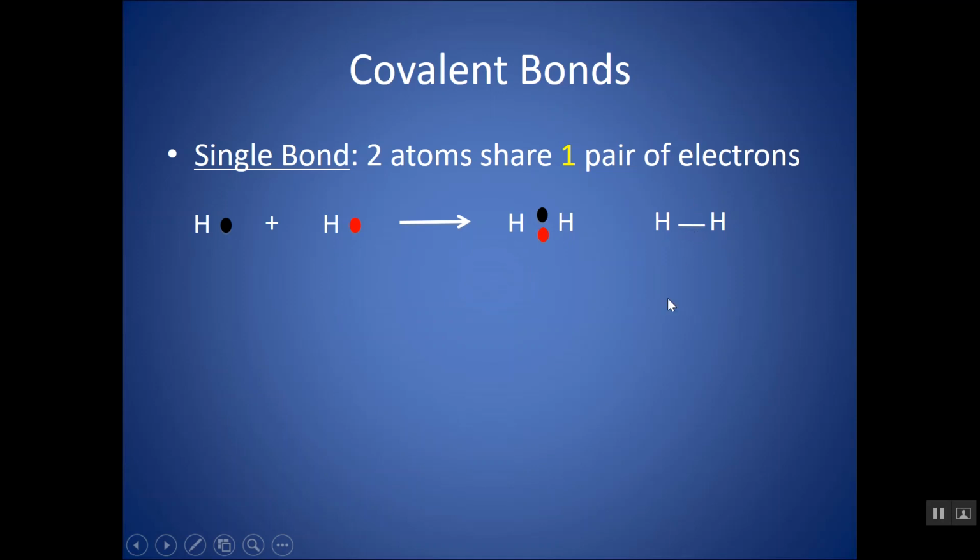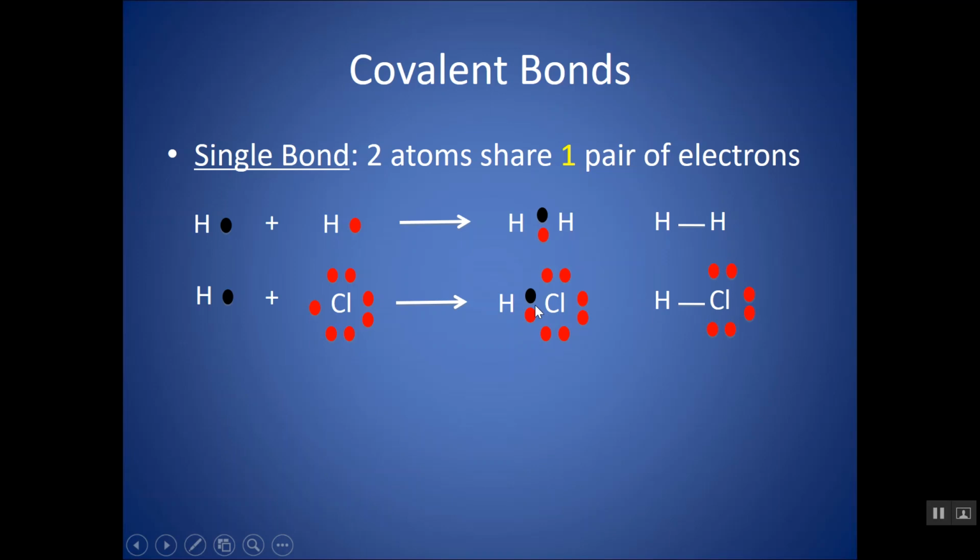If hydrogen and chlorine were to react with each other, this hydrogen has 1 valence electron, chlorine has 7 valence electrons. We could pull these unpaired electrons in the middle, and they could be shared as a pair. Hydrogen would now have 2 valence electrons, as if it has 2, and this chlorine, it's as if it has 8 valence electrons, both of them taking on the same configuration as the nearest noble gas, making them more stable.